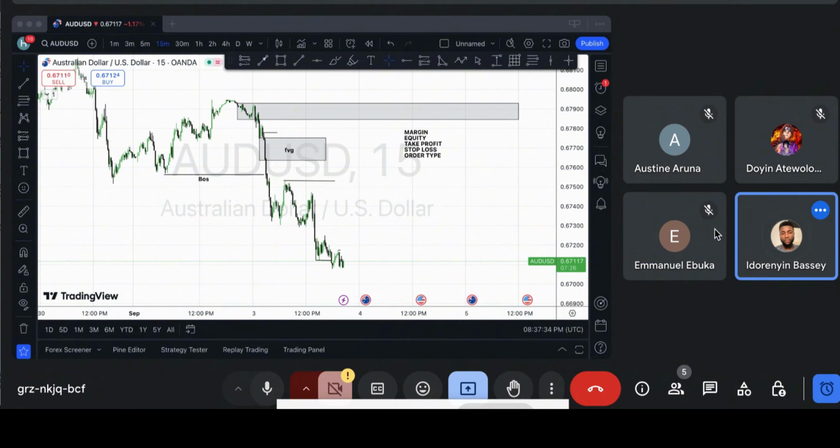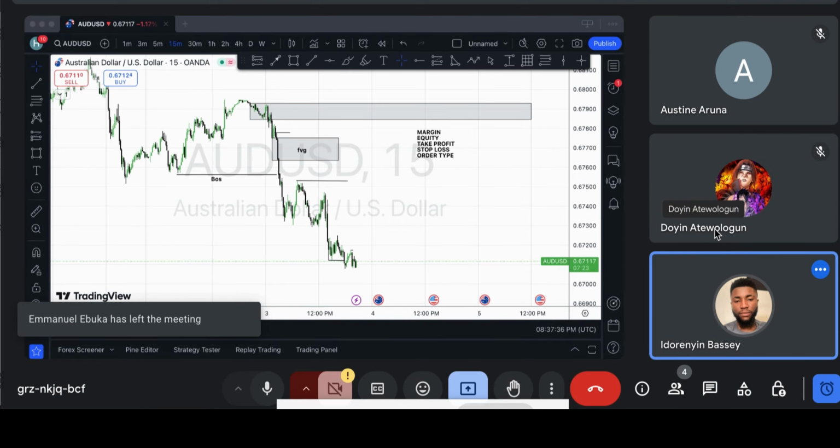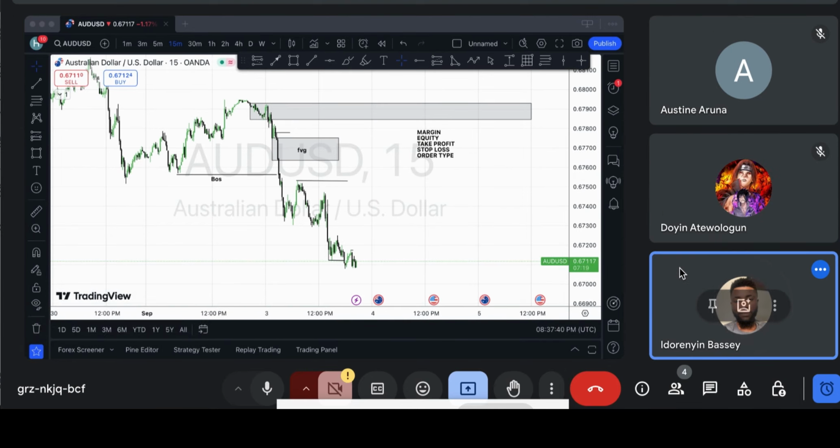It is a powerful tool that allows traders to control larger positions with a smaller amount of capital. So like I said before, leverage gives traders the ability to open multiple positions with a smaller account size.